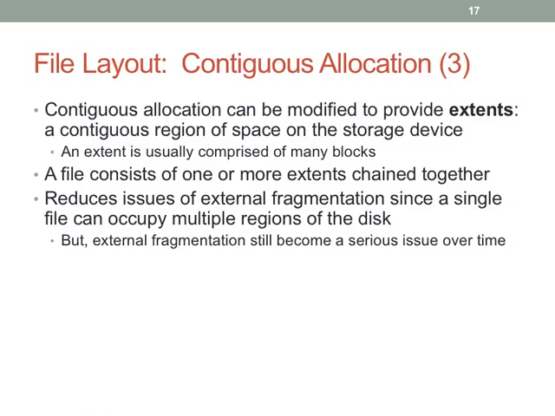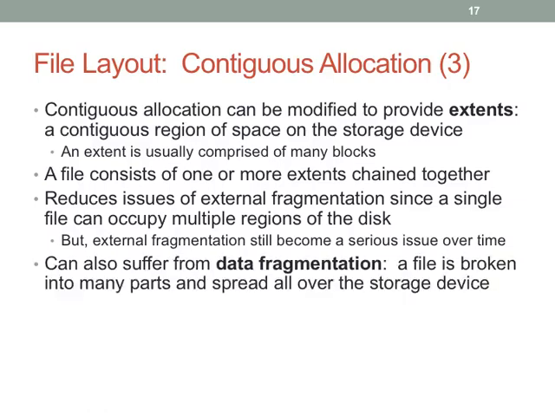We start to mitigate the issue of external fragmentation, but another issue starts to show up called data fragmentation. Data fragmentation is when the physical layout of the data deviates widely from the logical layout of the data. That's the easiest way to think about it. If the data is spread all out, or the physical and logical orders don't match, then on certain kinds of devices, you'll run into issues.